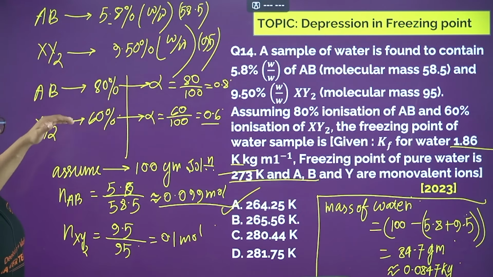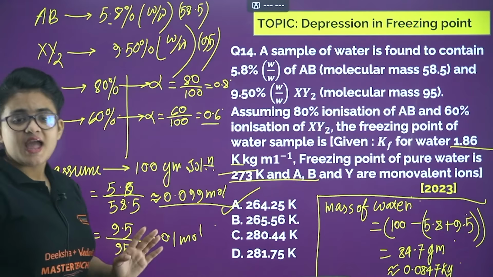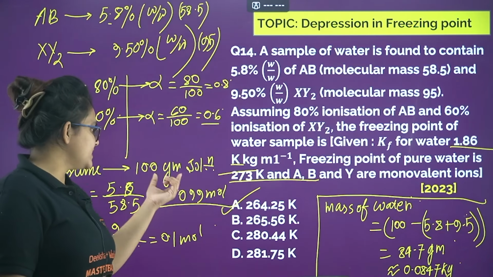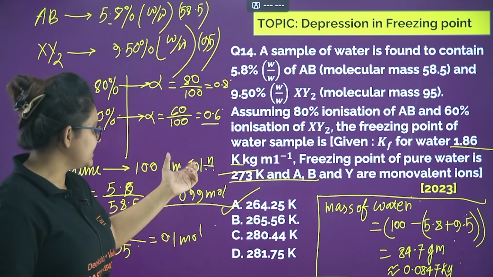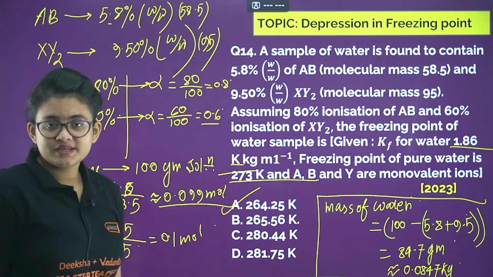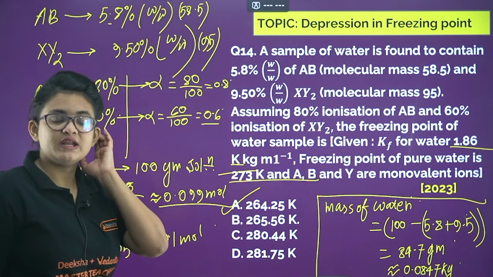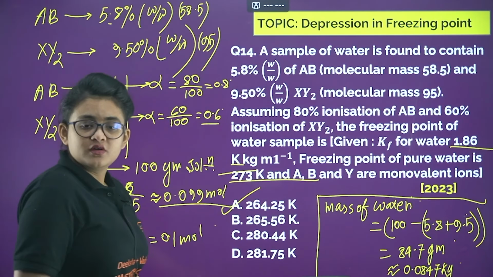From there, I calculated the number of moles separately, right? And I assumed the water sample present as 100 gram because they have given percentage weight. And the mass of solvent you also need in kg in order to calculate molality. So that also I calculated here. How?